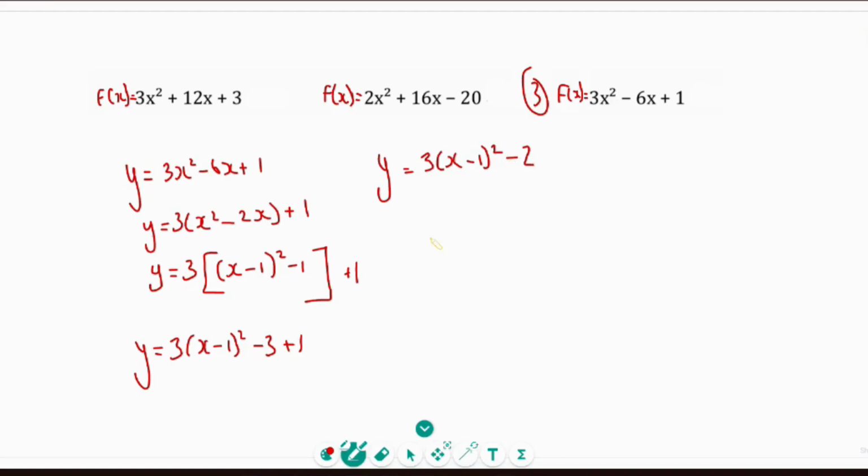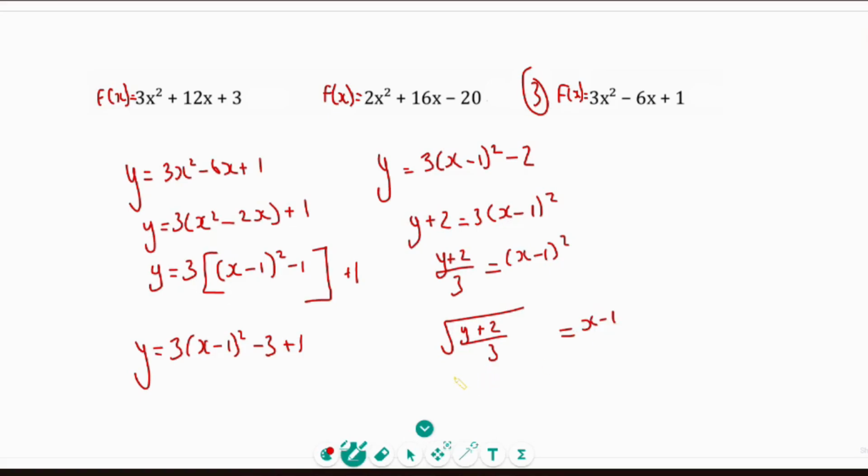Minus 3 plus 1. Add 1 to both sides. And then let's write in function notation.